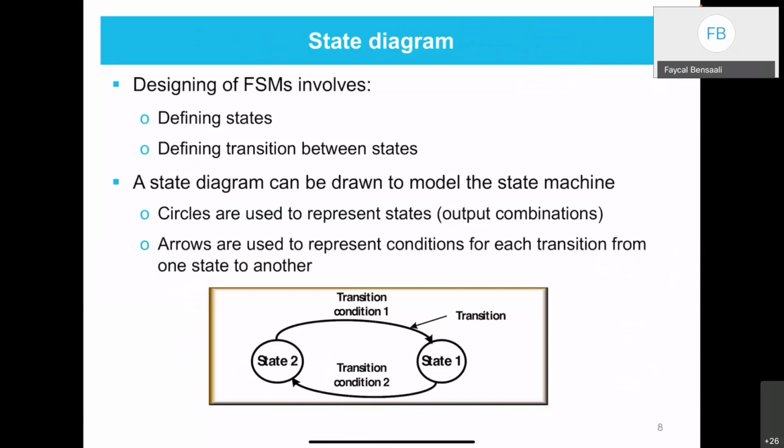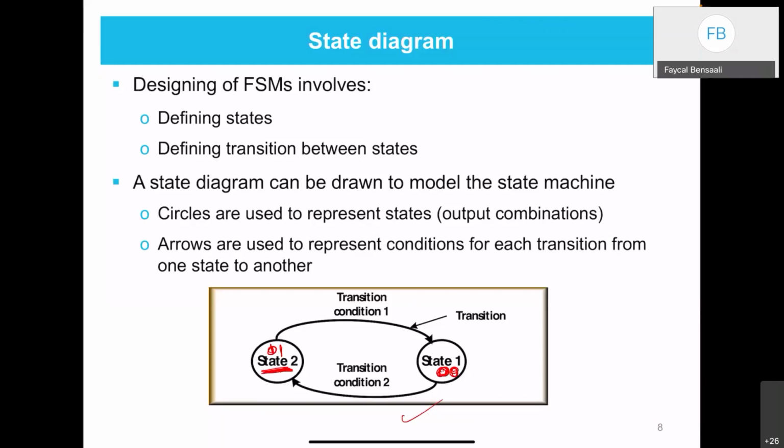Right. The first thing, as you can see here in the state diagram, is that we use circles and the value of the state. Here, basically, we put the output. So let's say I have two states, state 1 and state 2. Of course, I put here the value 0, 1, for example, or if 2 bits, I put 0, 0, 0, 1, for example, and so on. So inside the circle, we put the value of the output.